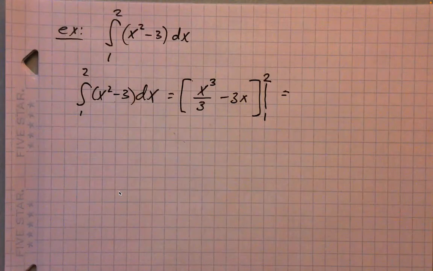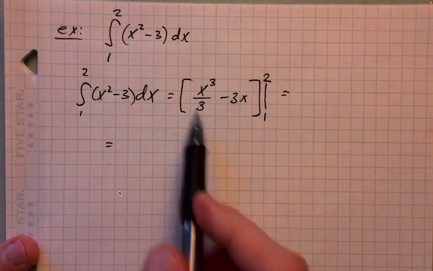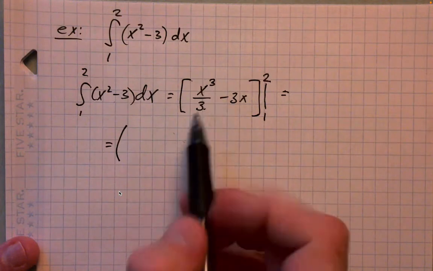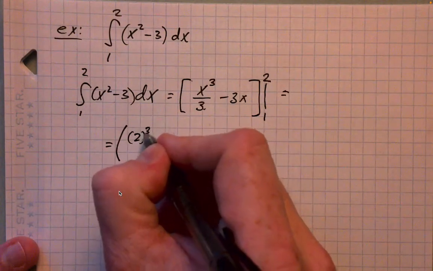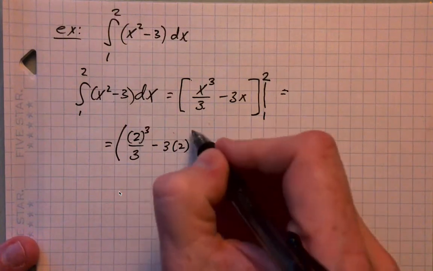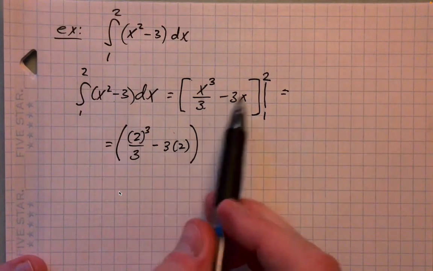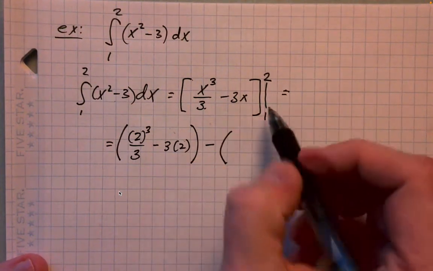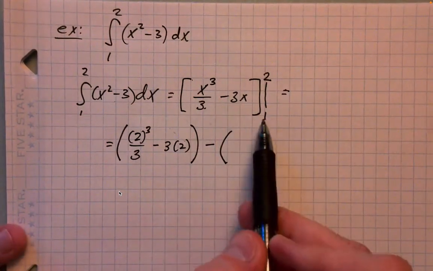Okay, and then all we have to do is plug in our values. So this would be 2 cubed. I'm going to write it out just because we're learning, right? We want to make sure that we're careful. So here I evaluate the antiderivative at the upper bound 2, and then I subtract from that the antiderivative evaluated at the lower bound.